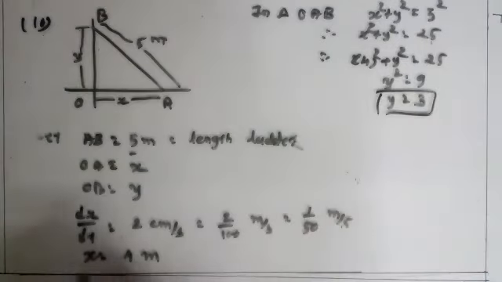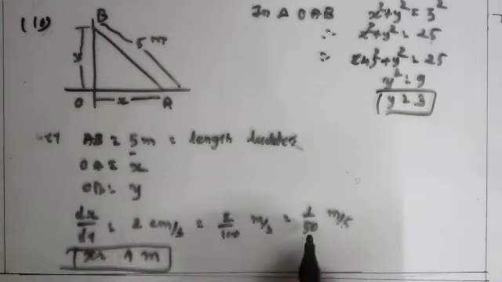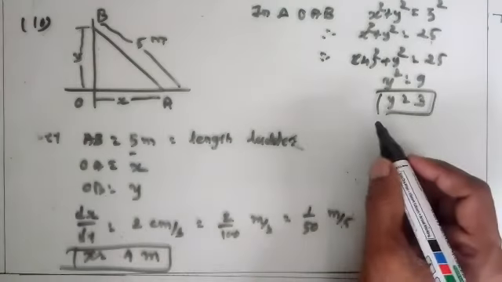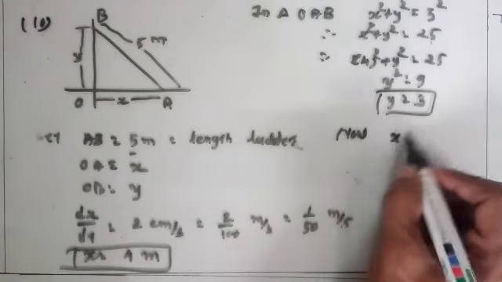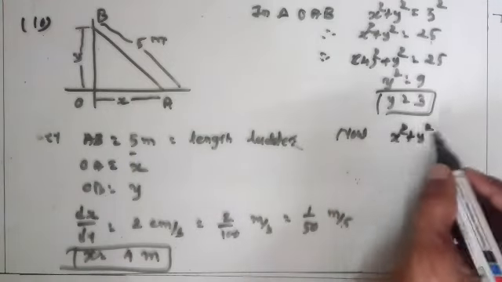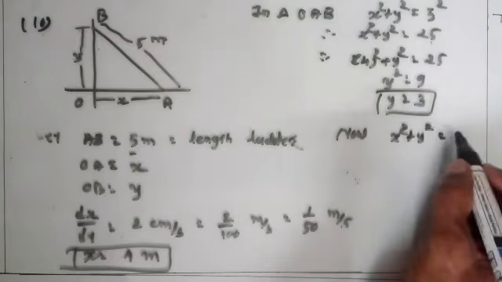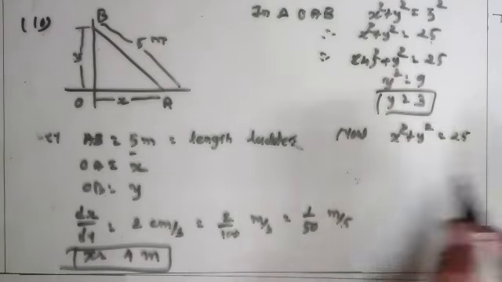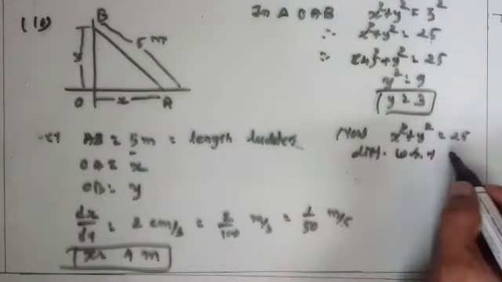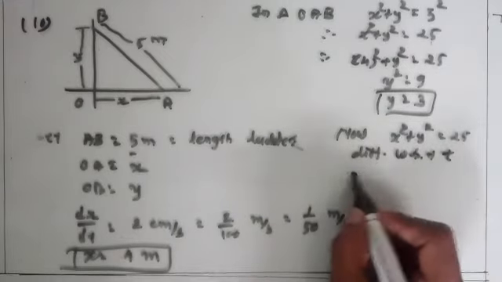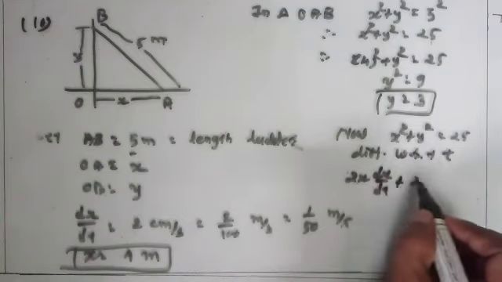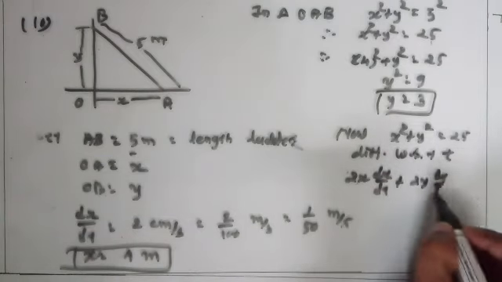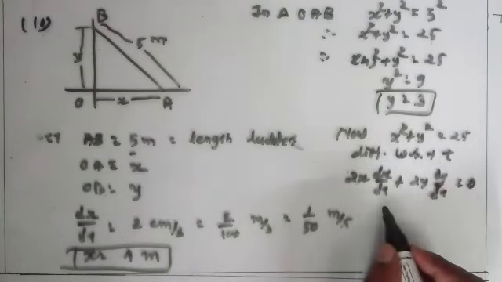Using the values of y, x and dx/dt, we get dy/dt. Now we have the equation which gives the relation between x, y and the constant 25. Differentiate with respect to t, we get 2x dx/dt plus 2y dy/dt is equal to 0.